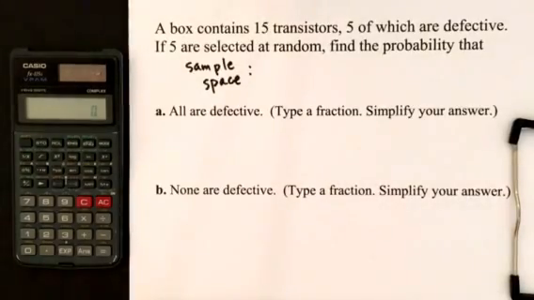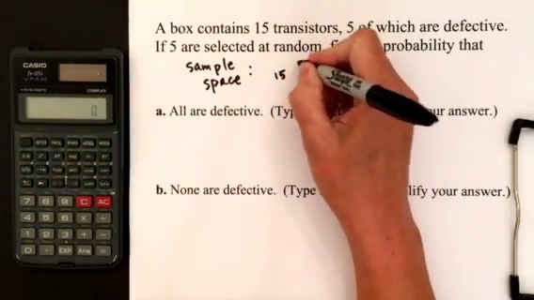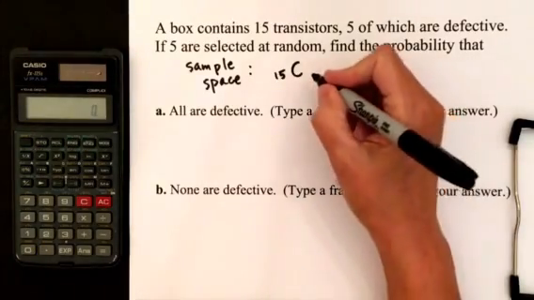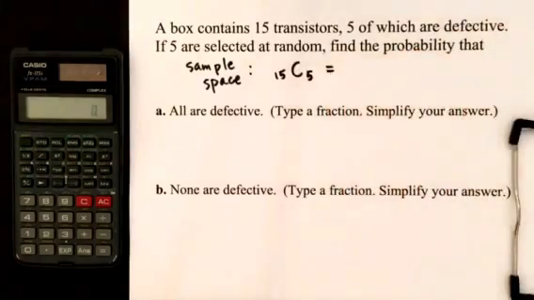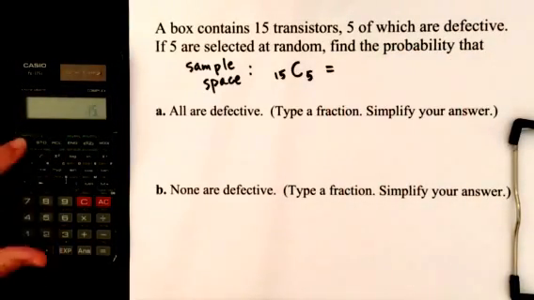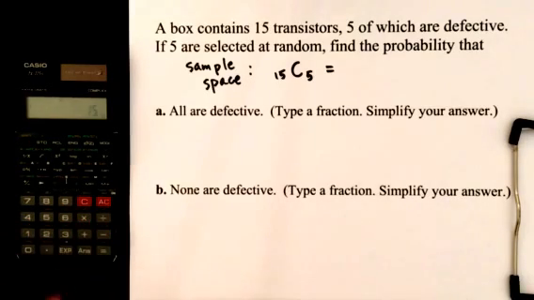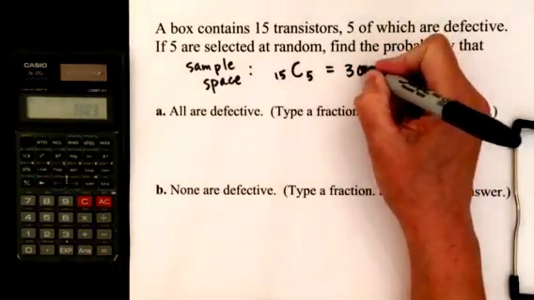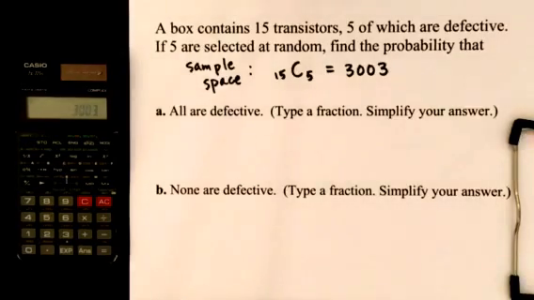There are 15 transistors, and we're selecting 5 and not in any particular order, so it's 15 combination 5. In my calculator, I'll put in 15, select NCR, type in 5, press equals, and I get for the sample space 3,003. There are 3,003 ways to select 5 transistors from a group of 15.